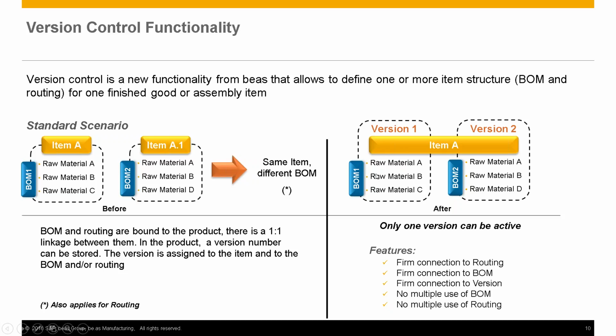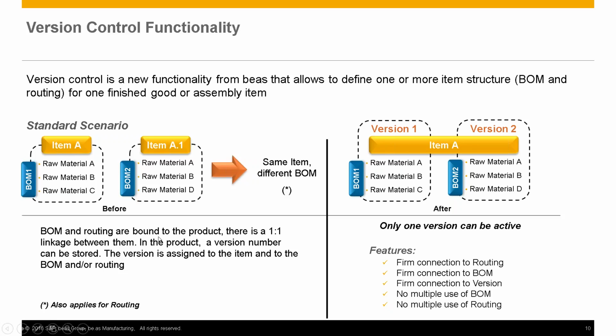One version would have the raw material C and the other version will have the raw material D. You can change it if you want according to the needs and according to the promotion that you're going to use for the specific time.